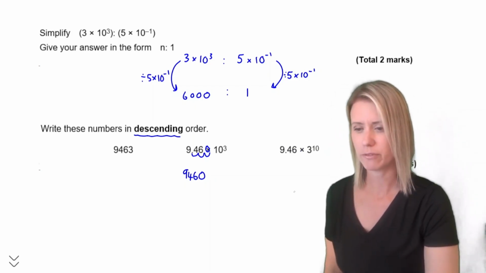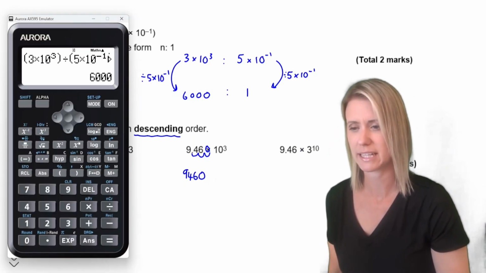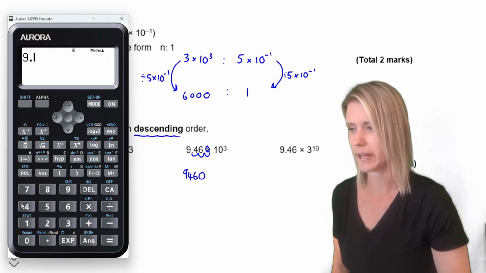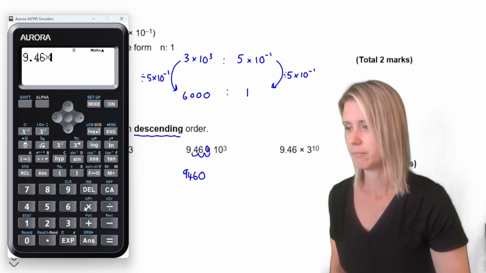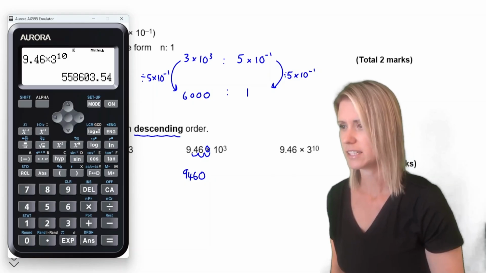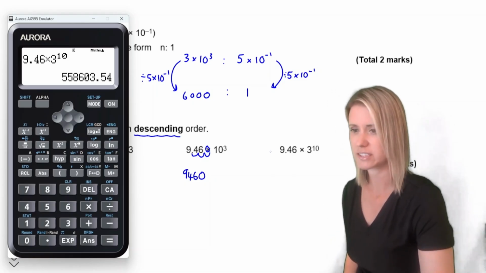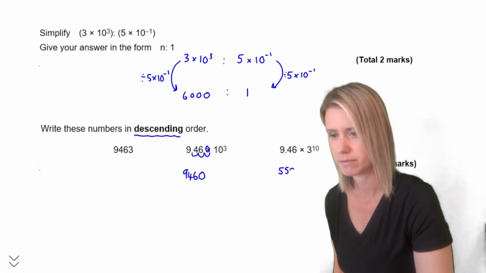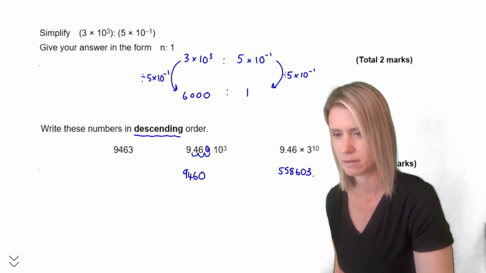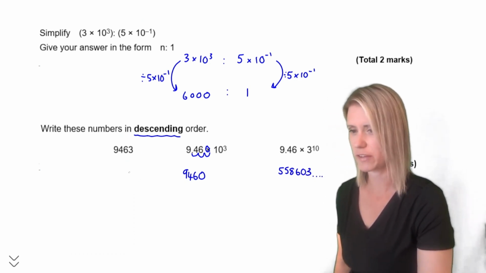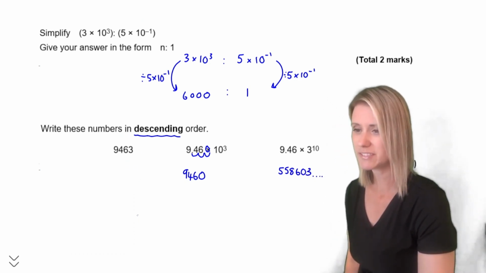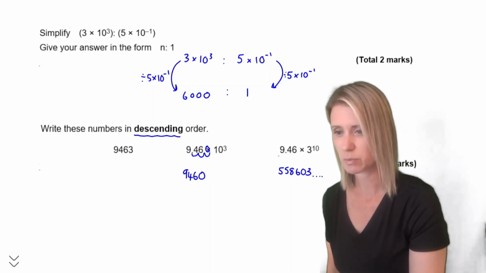Now this one, 9.46 times 3 to the power 10. This was a calculator paper, 9.46 multiplied by 3 to the power 10 gives us 558,603, and I'm going to put some dots after that to show that it continues. So in terms of descending order, we're starting with the largest, which was this one here.